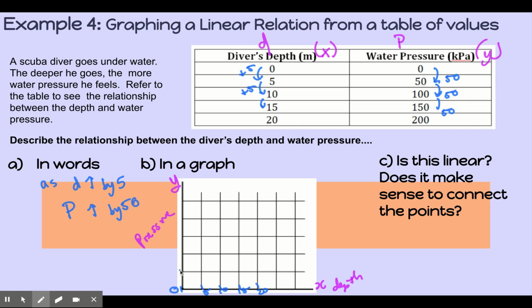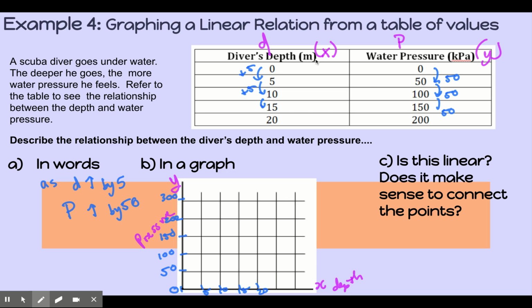And then your Y looks like you want to go up all the way to 200. So I should be able to go 50, 100, 150, 200. All right.